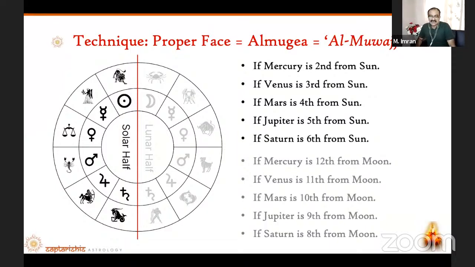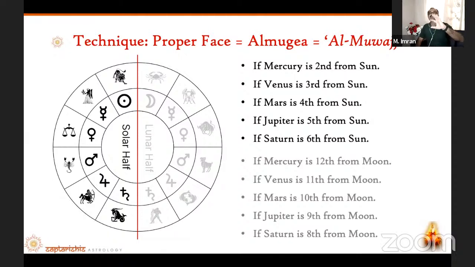Suppose the Sun is in our ninth house and Mercury is in our 10th house, this is great. The person will have excellent intellectual capability and will exercise it in his profession or career or calling, because Mercury is next to the Sun, whether it's a day chart or night chart.